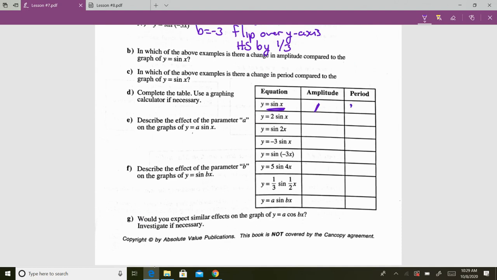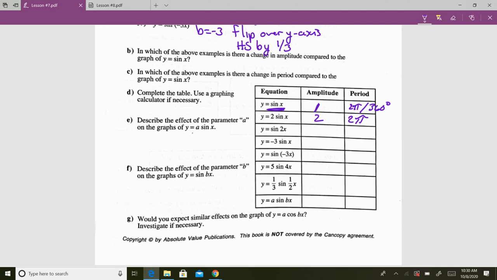We'll do both, okay? 2 pi or 360. If I put a 2 in front of it, remember, what did that do to the graph? It stretched it vertically. So what's the amplitude now? 2. Did it change the period? Did it squish it or expand it or anything like that? No. So the period stays the same. 2 pi.